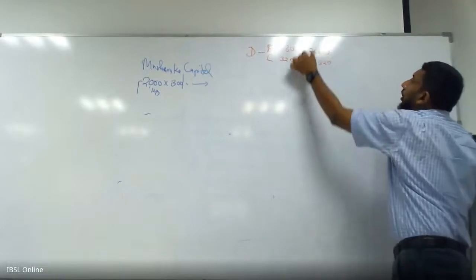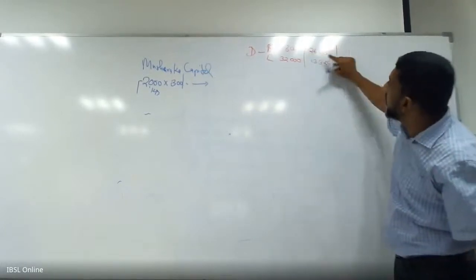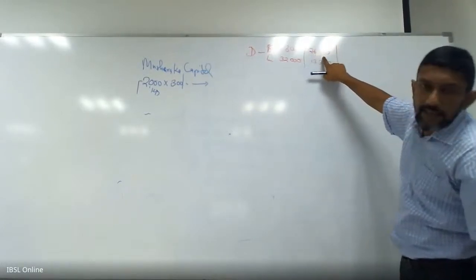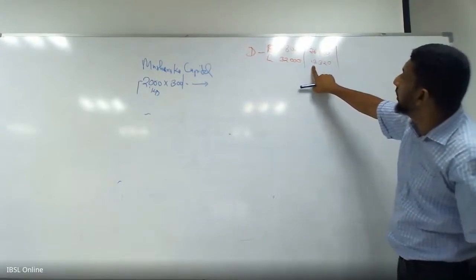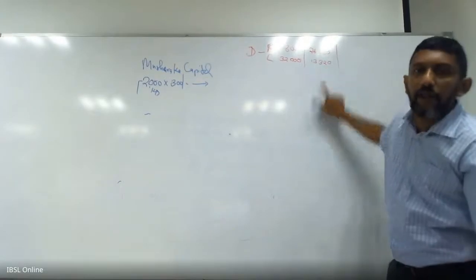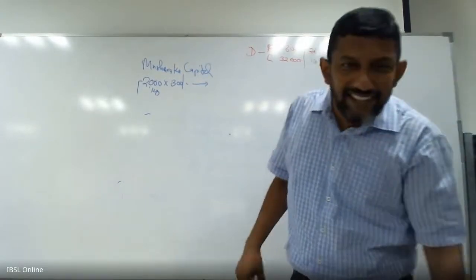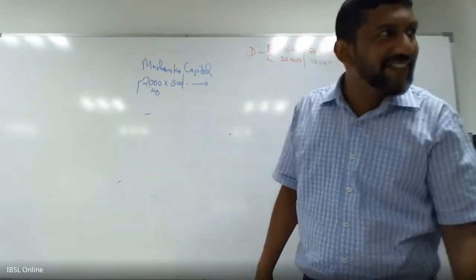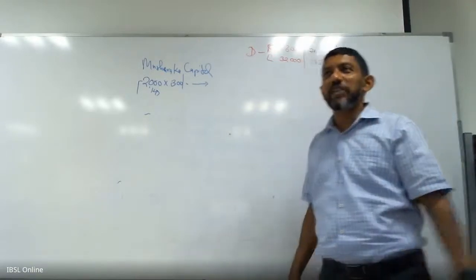Have I got your numbers right? Bank 26,680, customer 13,320. Okay. Any other answers? Okay, only two candidates.